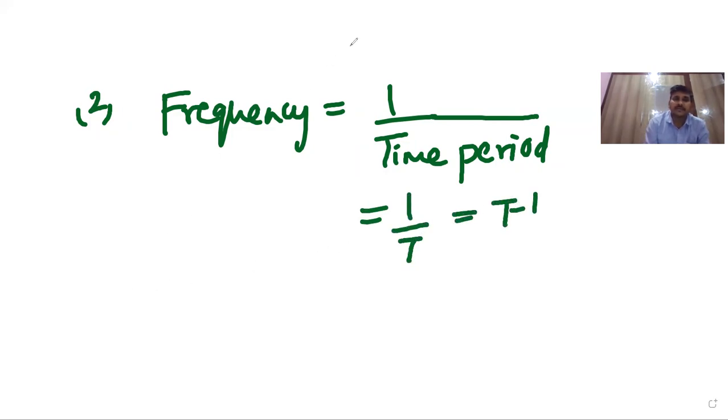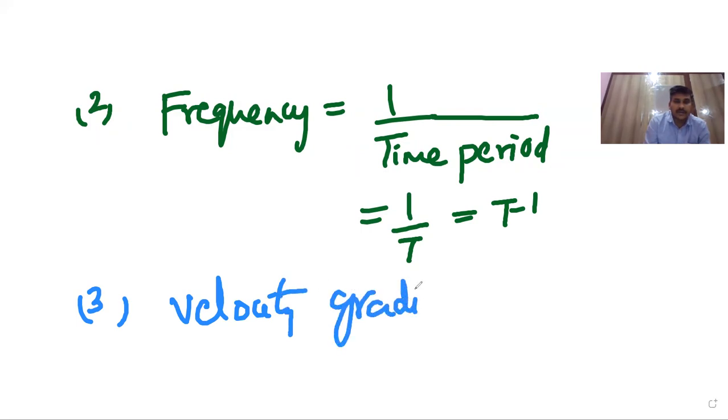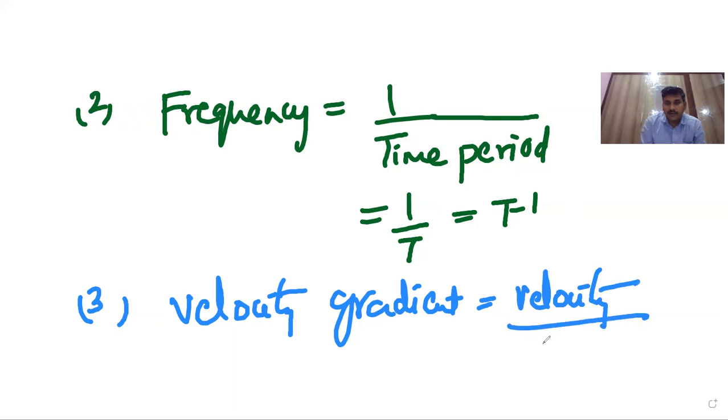And the third term we take up is velocity gradient, which is equal to the velocity by the distance.